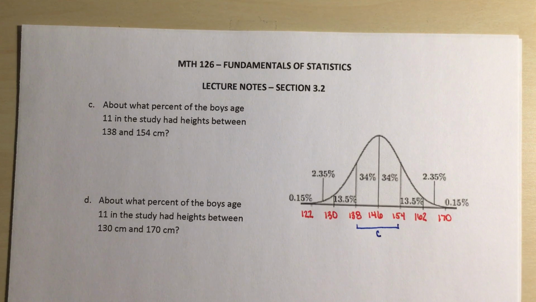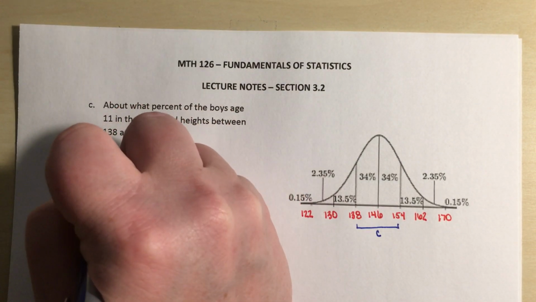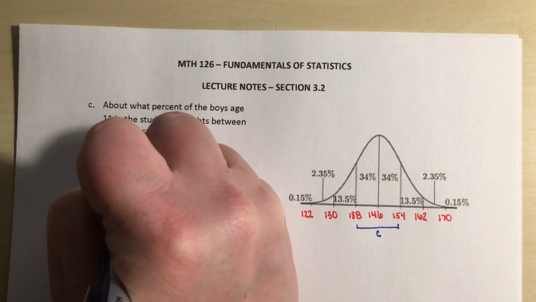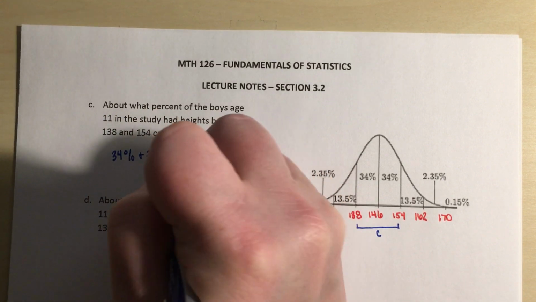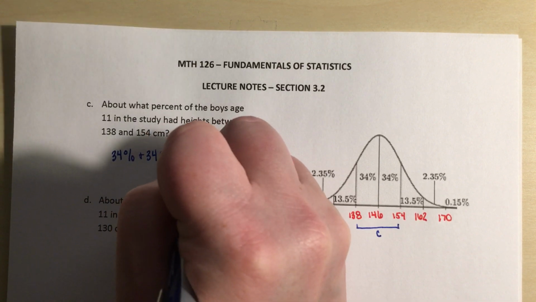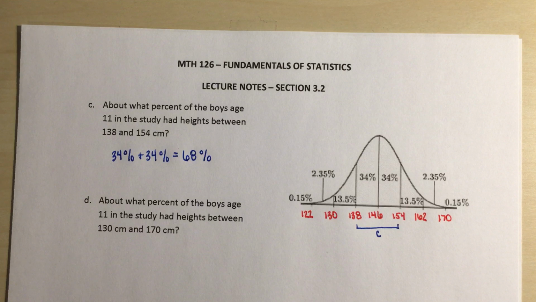Well, we've got 34% plus 34%, which gives us the nice even 68%. That's within 1 standard deviation of our mean. It matches what we saw in part A on the previous page.